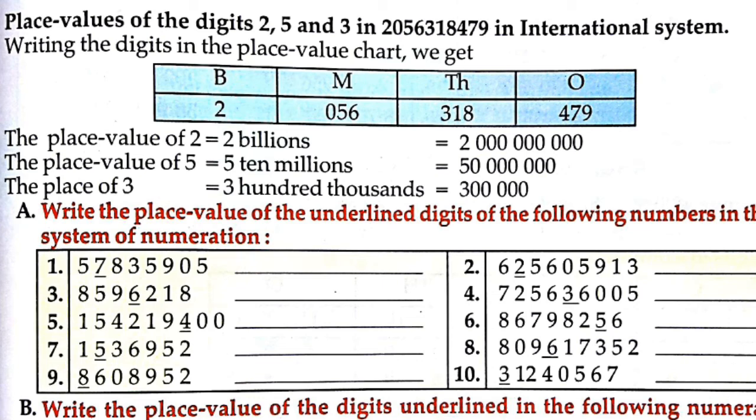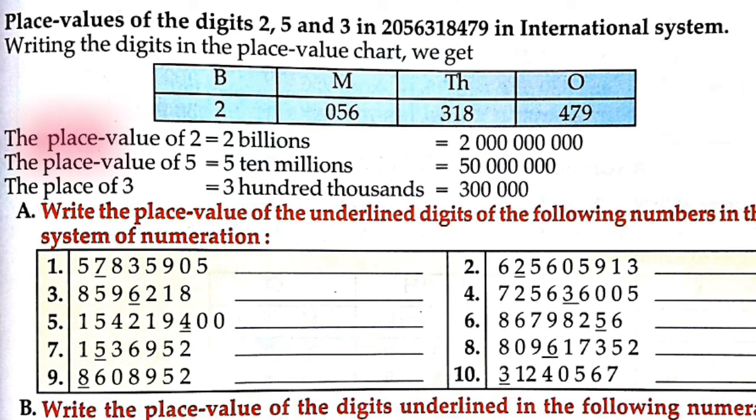You see the picture, in the ones period the numbers are 4, 7, 9. In the thousands period the numbers are 318. In the millions period the numbers are 0, 5, 6, and in the billions period only 2. So the place value of 2 is 2 billion.